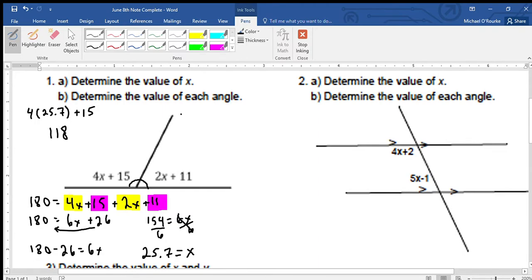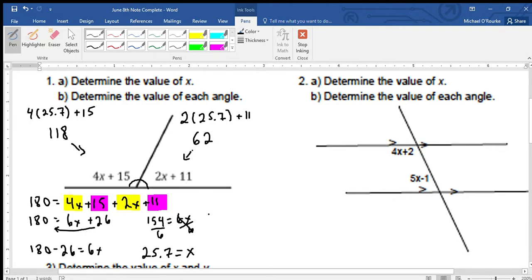Then we'll go 2 times 25.7 plus 11. We should know the answer should be 62. So there's our two angles, right there and right there.